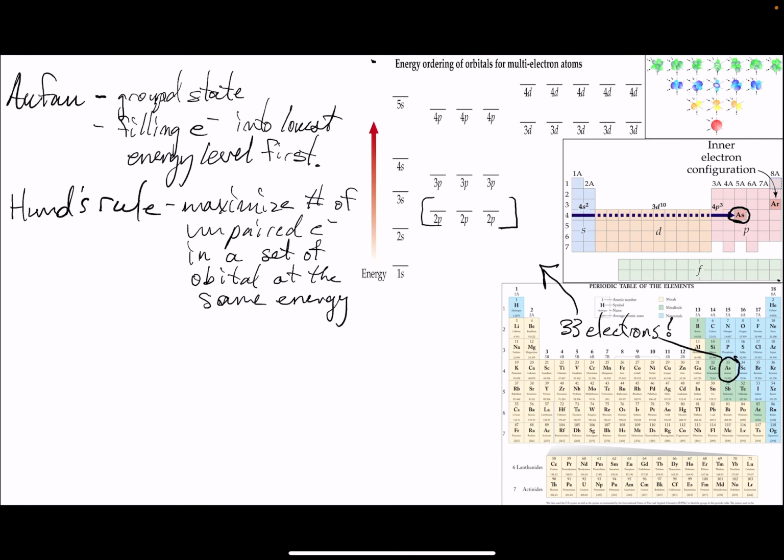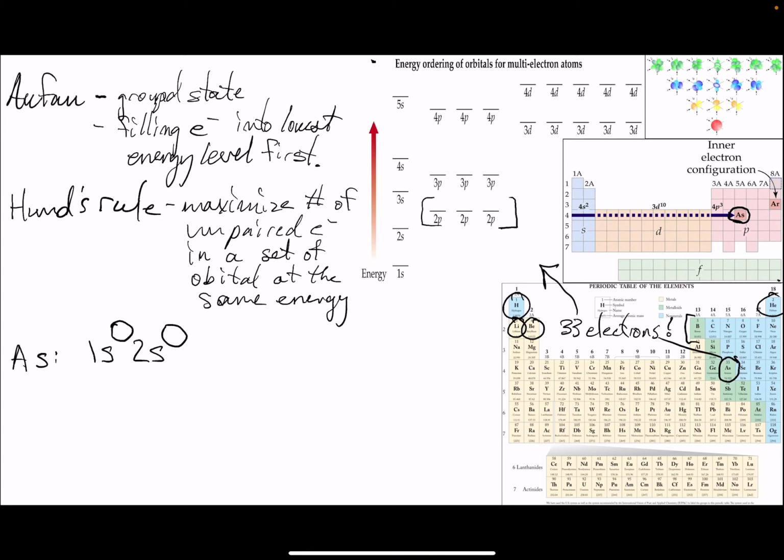So we predict for arsenic, As, that the order should be 1s, and we can position up to 2 electrons here. Then 2s, so we've just gone from hydrogen, helium, that's the 1s options. 2s1, 2s2, okay, so we could have a 2 there.